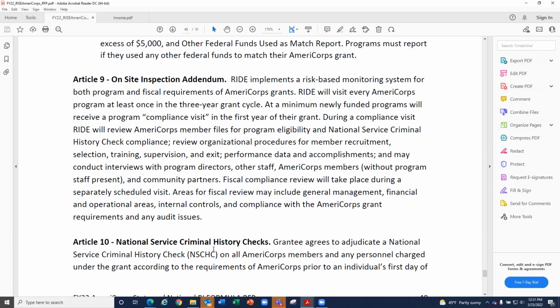There is an annual process where we come and look at Americorps member files and have an interview both with staff and with the Americorps members who have been serving with you, to monitor for compliance with Americorps rules, and also to hopefully help improve the program overall.